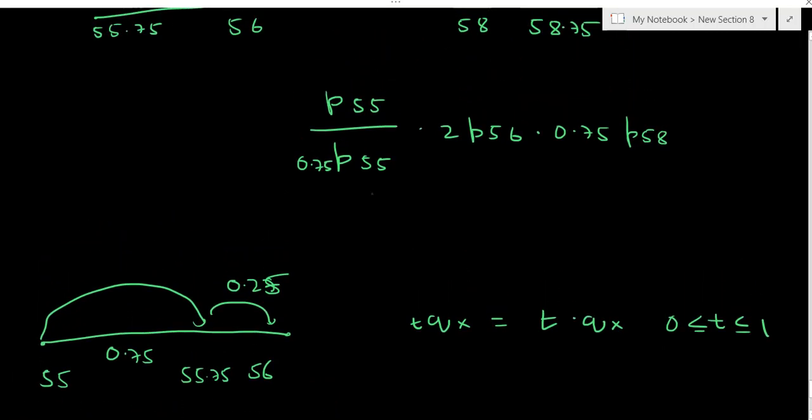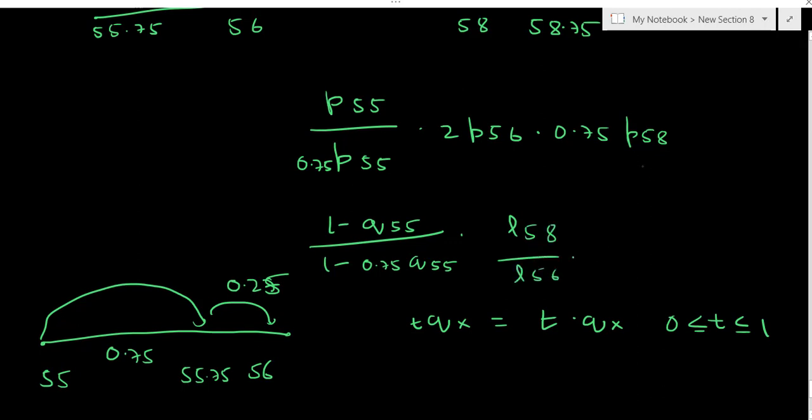So this p55, if I take the value directly from the tables, is 1 minus q55, and the q55 value is given in the tables. 0.75 p55 is 1 minus 0.75 q55. And 2p56 becomes L58 over L56, right? That's what it becomes. And this part I can evaluate as 1 minus 0.75 q58.